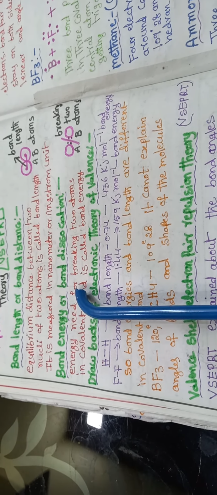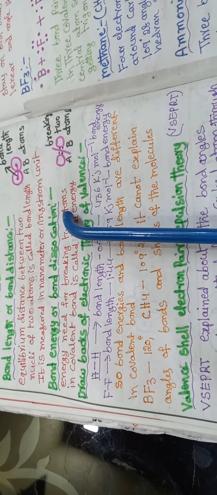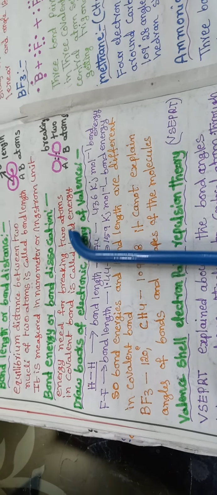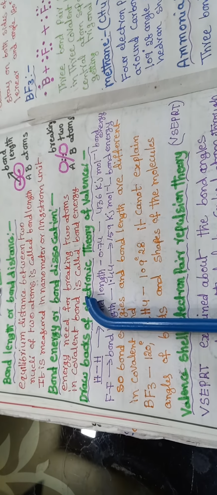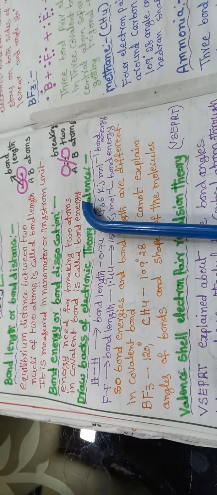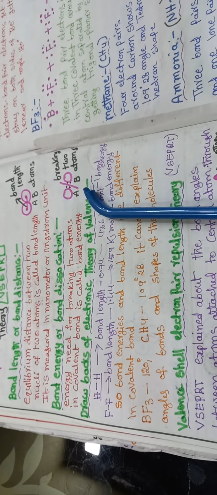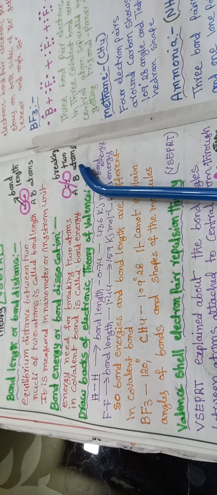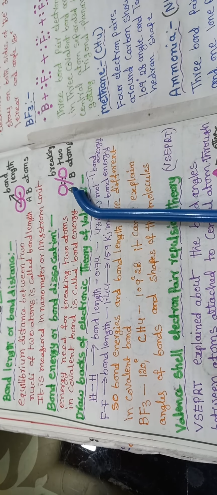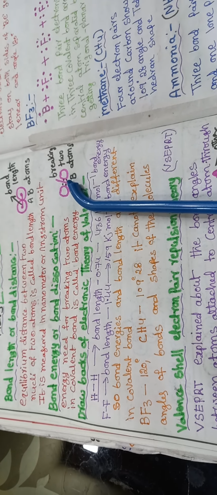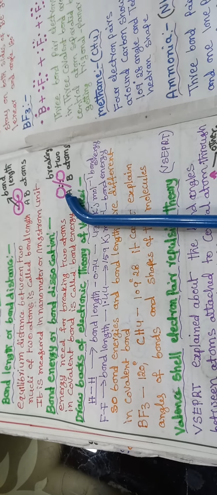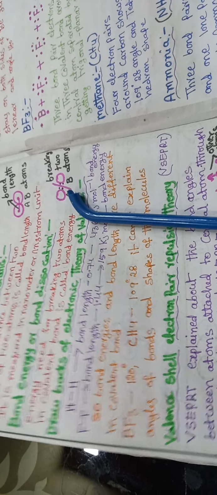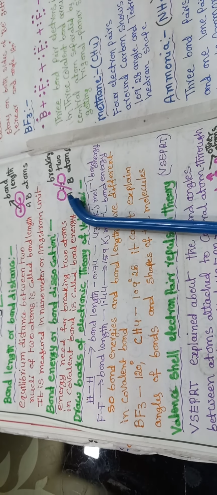Next one, bond energy or bond dissociation energy. It means the energy needed for breaking two atoms in a covalent bond is called bond energy. For example, here we can see two types of atoms, A and B. Between these A-B atoms, electrons are shared, so a covalent bond is formed between the A and B atoms.